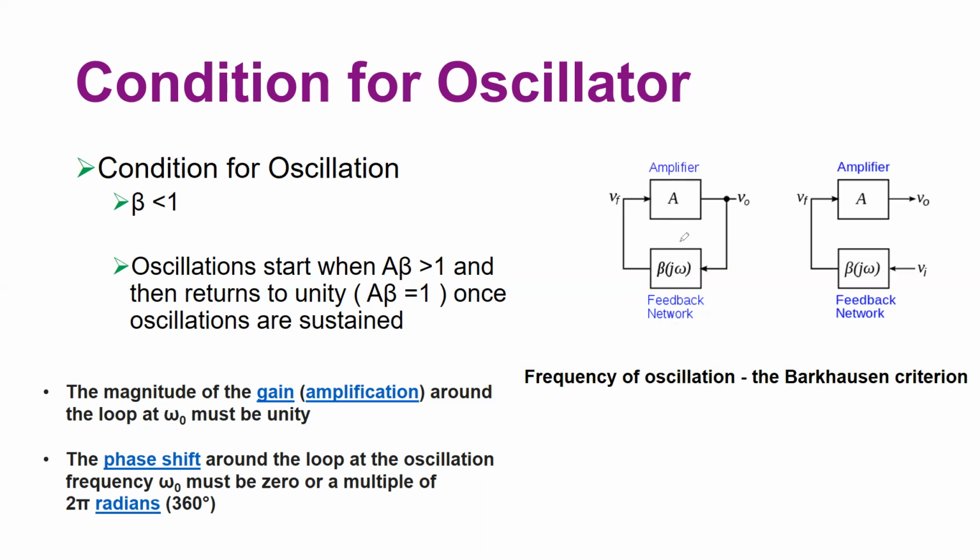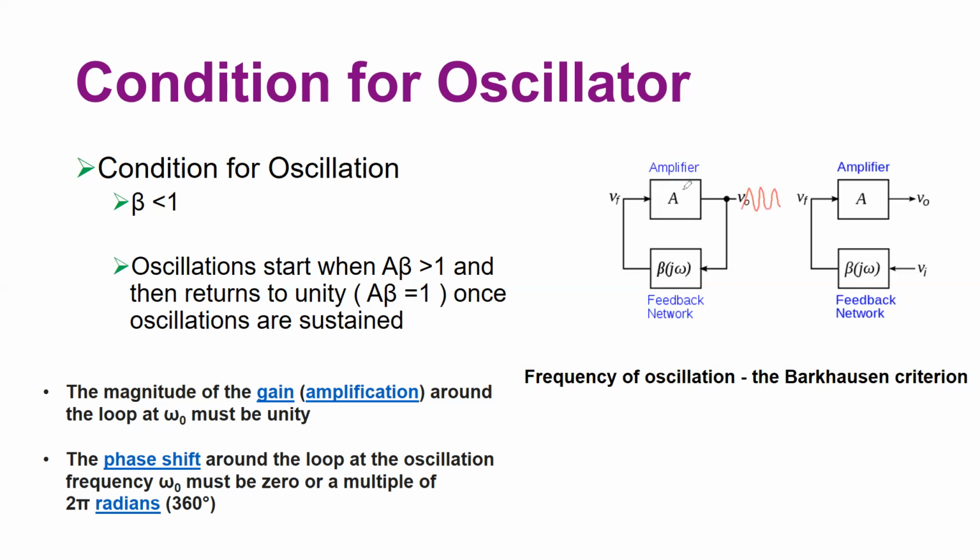If the signal we feed back is out of phase, so there is a phase difference between the input and the feedback signal, the feedback is said to be negative. However, if the signal that we feed back and mix with the input of the amplifier is in phase with the input, it means we have positive feedback, and that kind of feedback generates a sustained oscillation at the output.